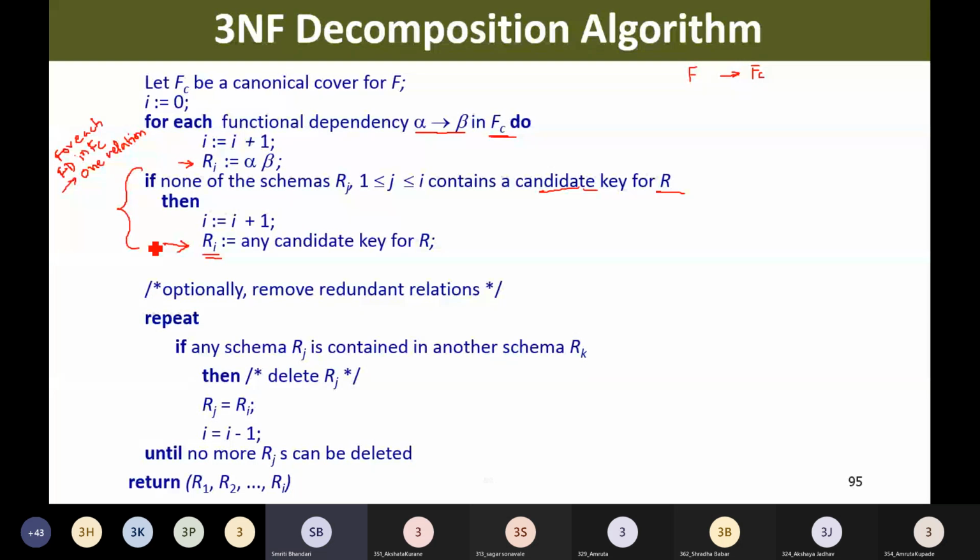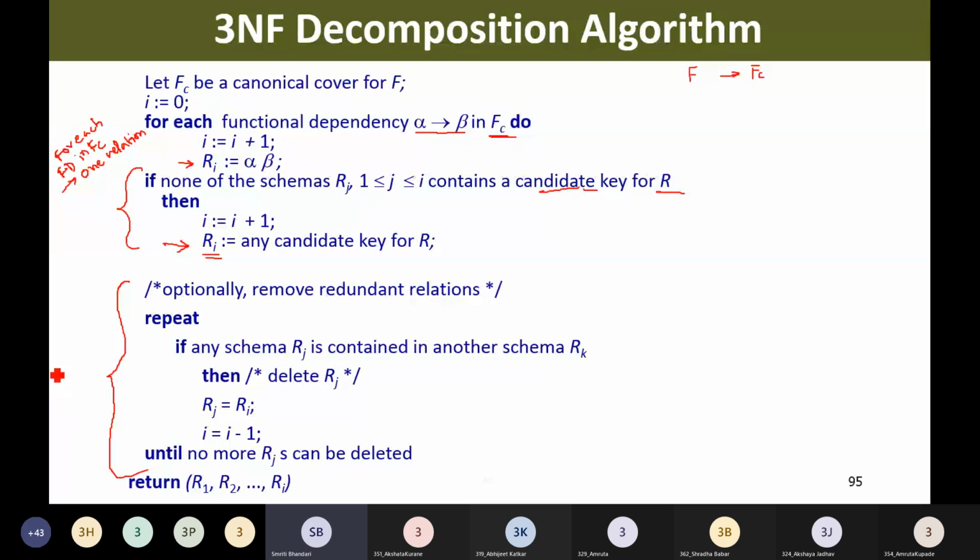When we apply this: if the candidate key is not included in any of the relations, then we form one relation for the candidate key. Once again, this part is also optional. So what is this part of the algorithm meant for?